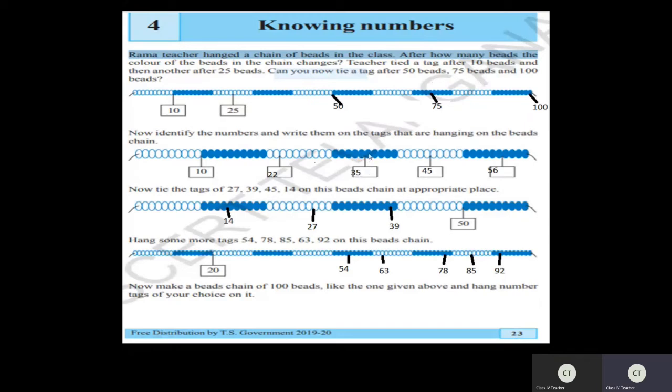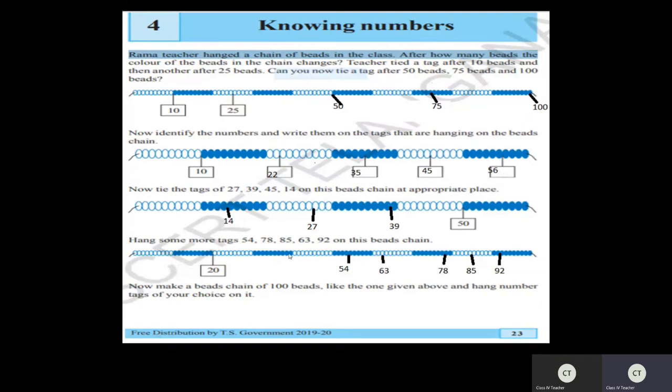Then 36, 37, 38, 39, 40, 41, 42, 43, 44, 45. So how much is the next tag here? 45. And then up till this white completed 50, 50 after 51, 52, 53, 54, 55, 56. The last tag is on 56.